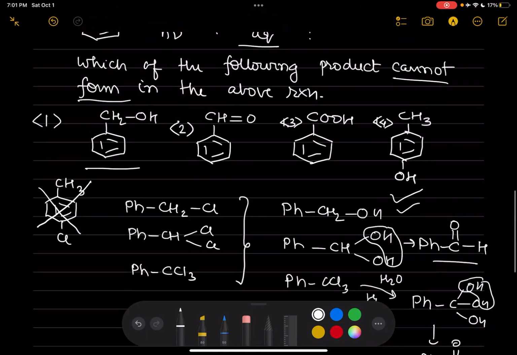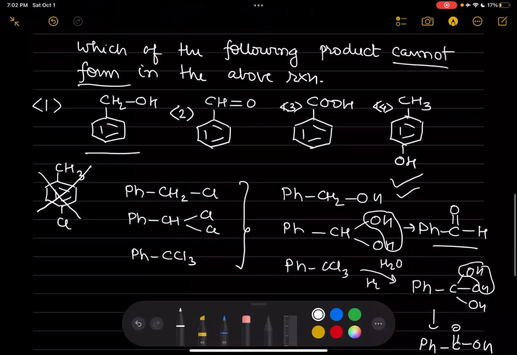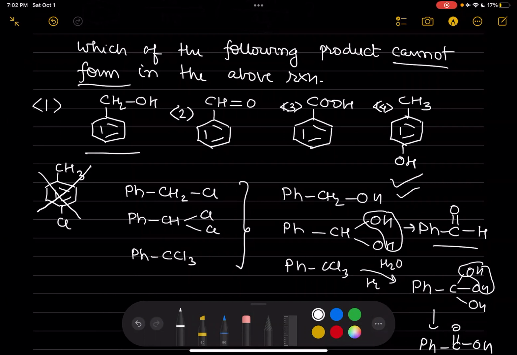Which is not at all possible? The answer is option D. What is the common name for the 4th one? That is resorcinol. Benzyl alcohol, benzaldehyde, benzoic acid, and resorcinol. The resorcinol can never form in this reaction.